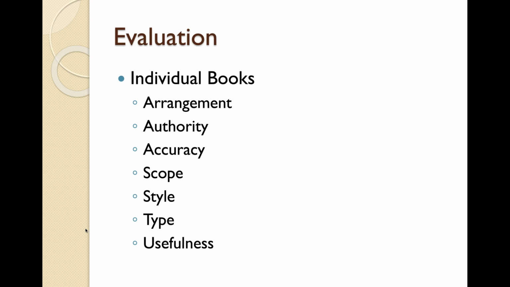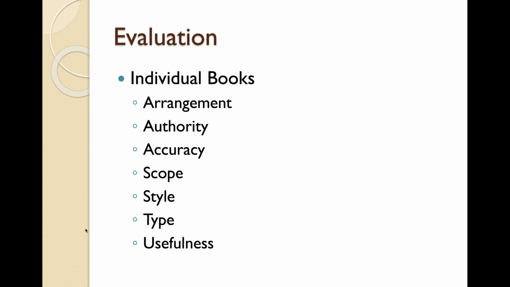So if we're looking at individual books and wanting to evaluate an individual reference book, you want to look at things like the arrangement of the book, the authority of the book, the accuracy, the scope, the style, the type, the usefulness.